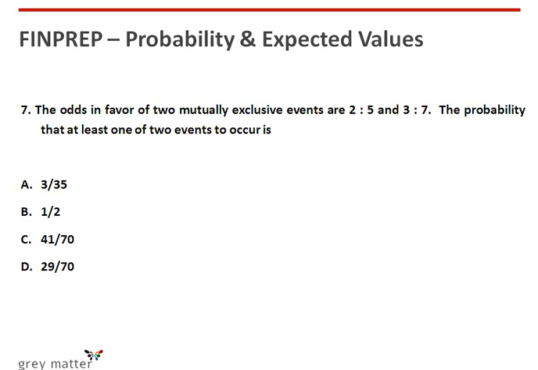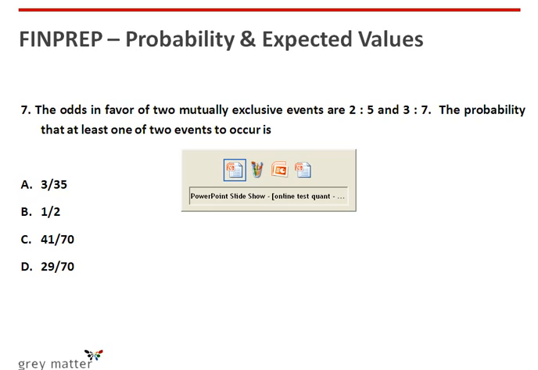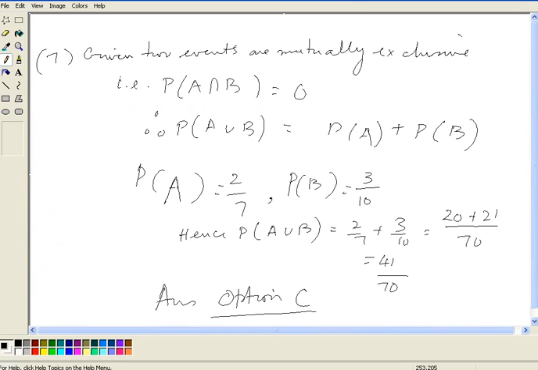Seventh problem, the odds in favor of two mutually exclusive events are 2:5 and 3:7. Find the probability that at least one of the two events occurs. Going to our work area, it's given both the events are mutually exclusive, which implies P of A intersection B is 0.